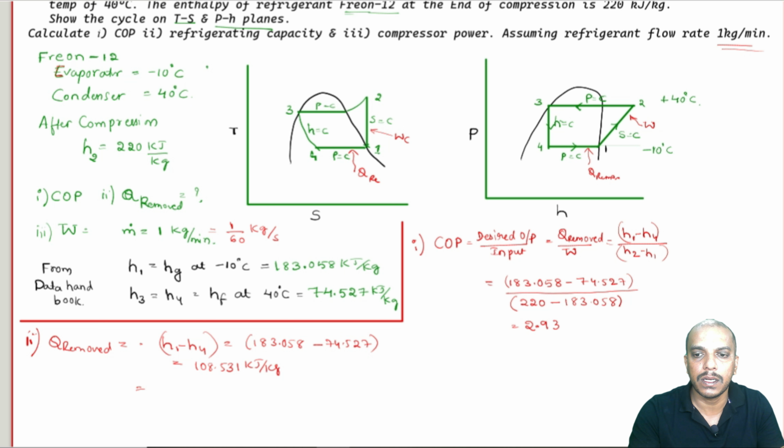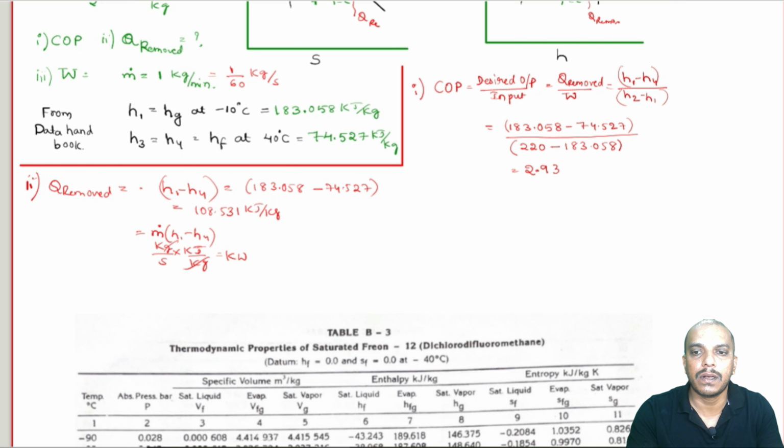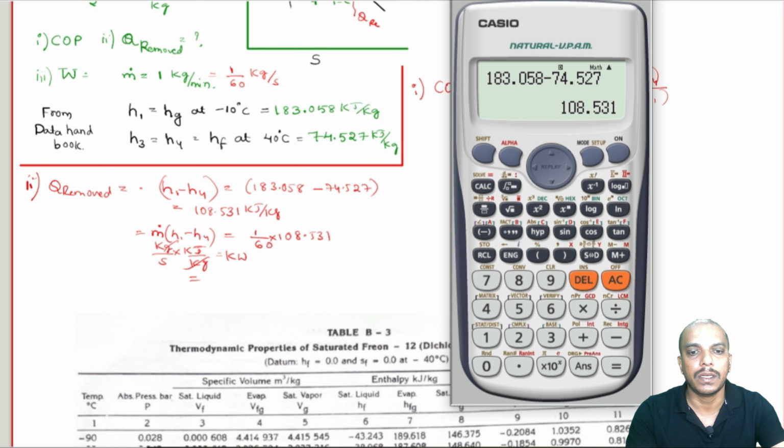But if you want it in kilowatt, multiply this by kg per second, because kg per second multiplied by kilojoule per kg will give us kilowatt. Kilojoule per second is kilowatt. So, m dot into H1 minus H4. That means I will go for 1 by 60 multiplied by 108.531. That will give me the refrigeration capacity.